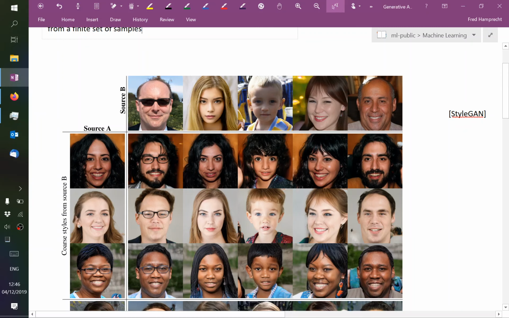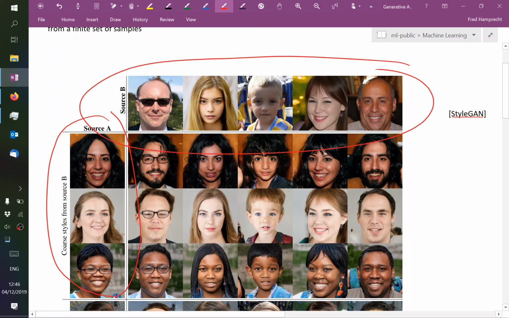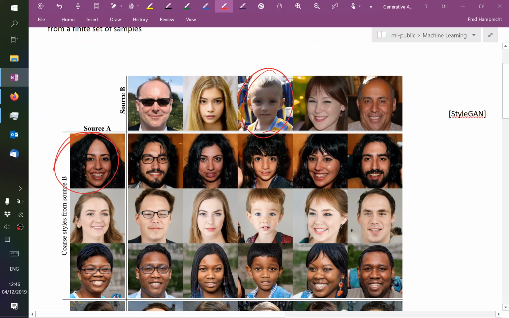But if we just look at the result, here we have this column source A, and we have this column source B, and then we somehow create mixtures. So let's say if we wanted to have a child which has the hair and skin color and so on of this person, what would it look like? And then the answer is, like that.